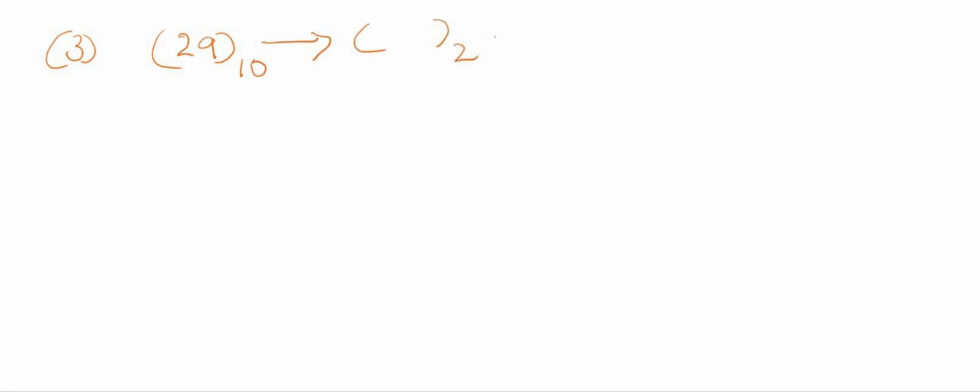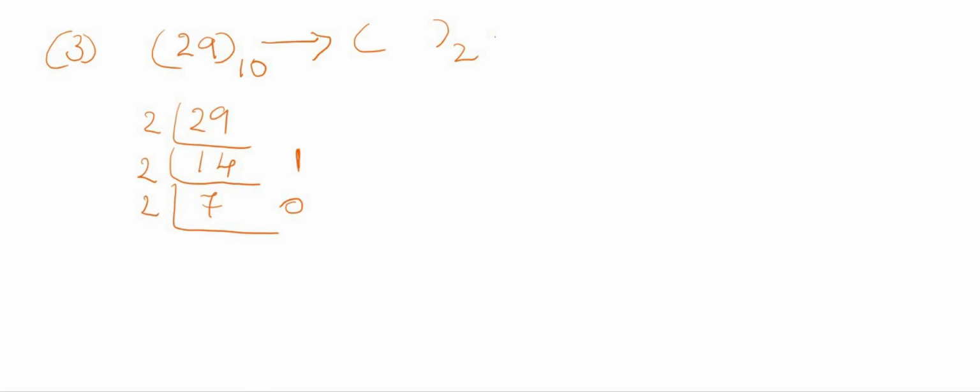So let us start dividing the number 29 by 2, 14. Then first remainder you can write here. 2, 7, 0.